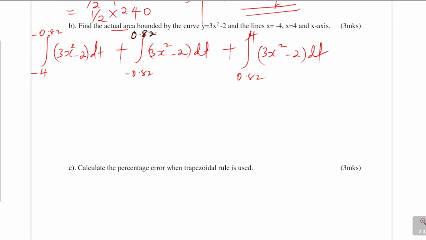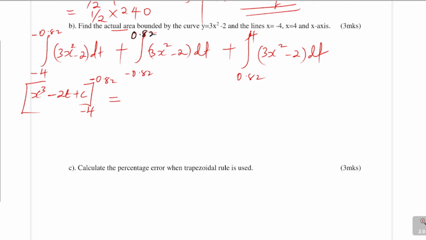So that one will give, when you integrate 3x squared, x cubed, then minus 2t plus c. Then from -4 to -0.82. You need to be very keen when you're substituting this one.